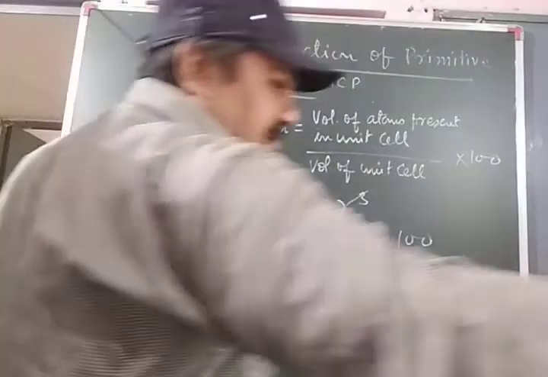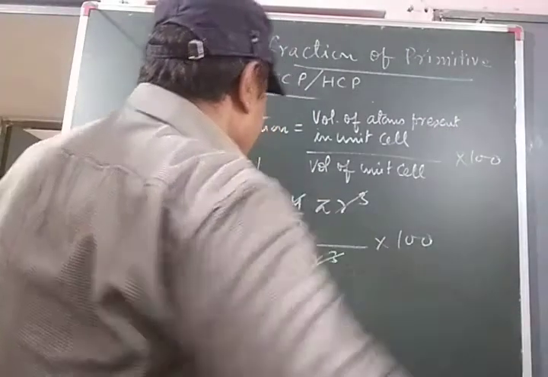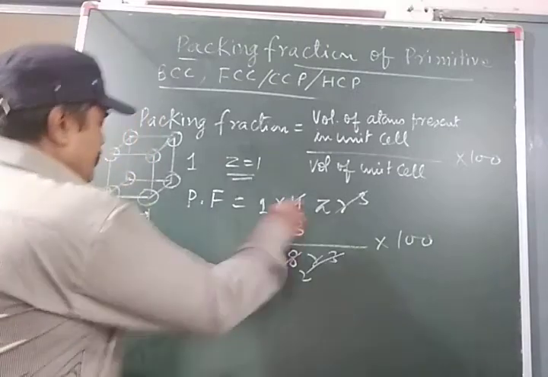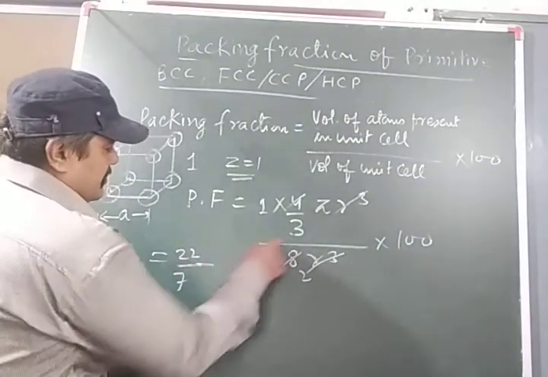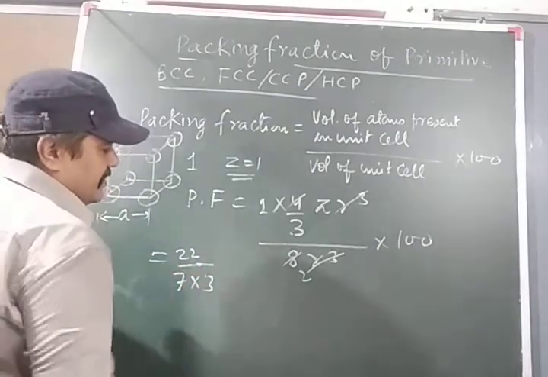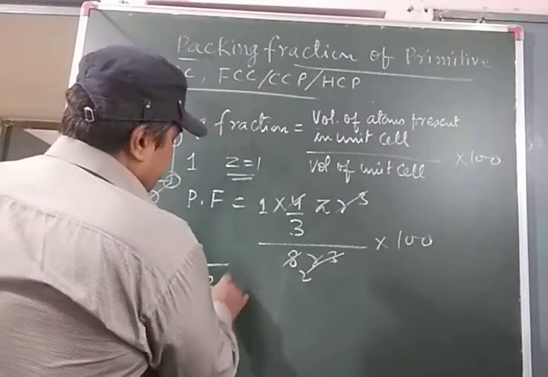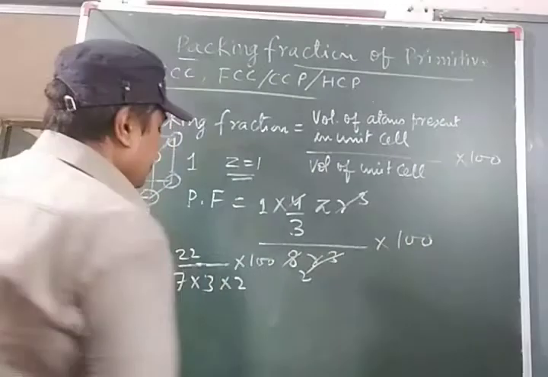And in the next step, I am also putting the value of pi, 22 upon 7. And this 3 is already here, and this 2 is also here, and this is multiplied by 100.